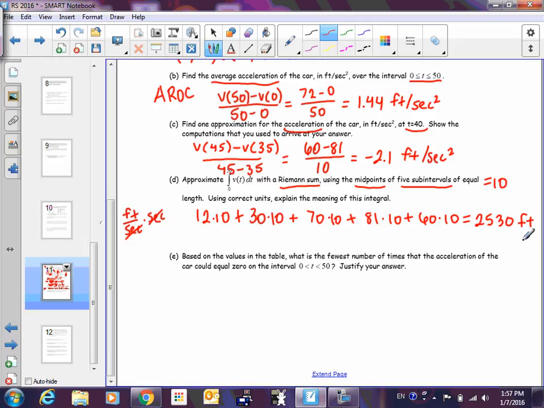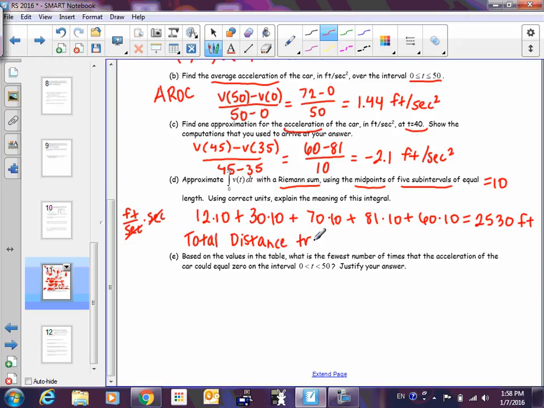Because if you have the correct units, you can say, okay, feet, I know feet, that's distance. It's not a velocity or an acceleration or a time. So you go from that word distance, what? What distance? The total distance traveled. If you just wrote distance traveled, that would be okay.